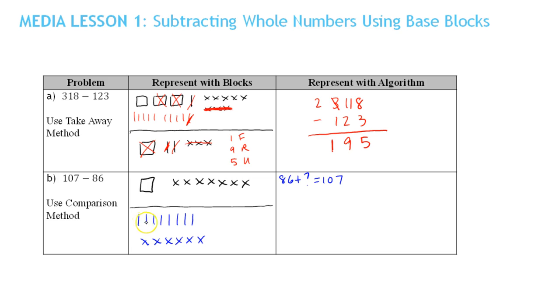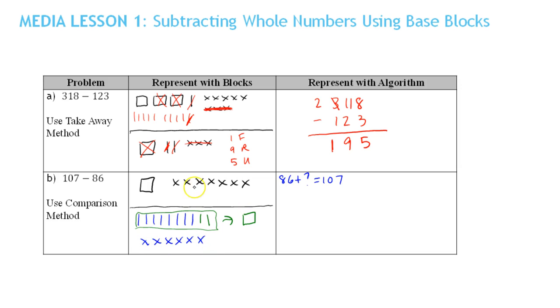First, let's start with the rods. Here we have 86 and we want 107. So I'm going to add 10. So I added 1, so I'm adding things in green. And here's another one, another rod. And notice when I add 2 rods, now I have 10 rods, which equals a flat.